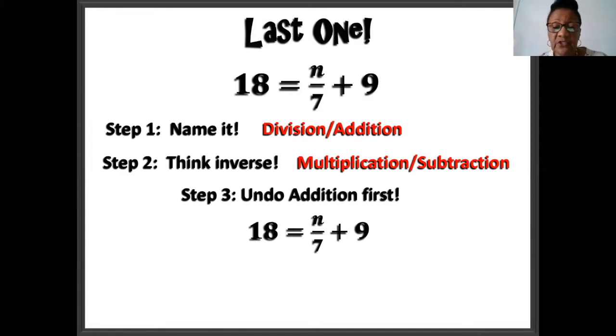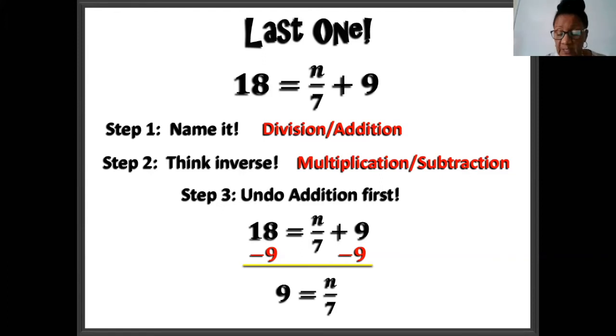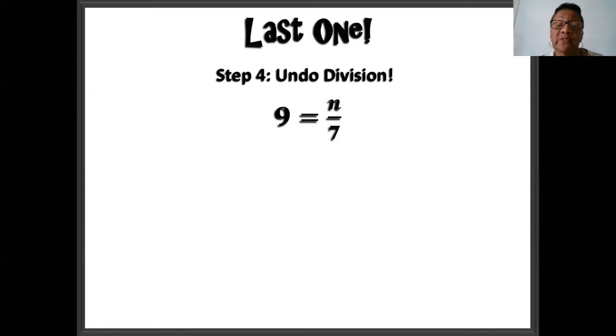To undo the addition first, what do we do? We take away 9 from both sides. When we take away 9 from both sides, we now have 9 is equal to n divided by 7. Are we finished? No. So what we need to do now, we need to undo division. How do we undo division? We undo division by using multiplication. So we multiply both sides by 7.